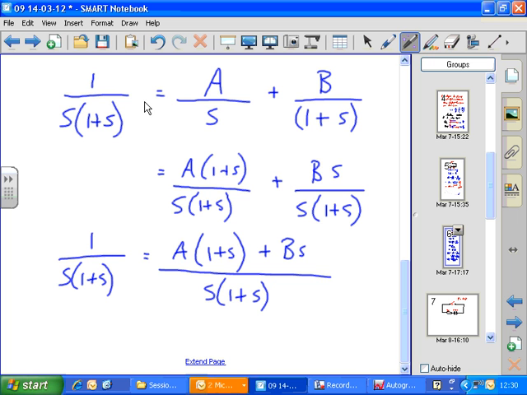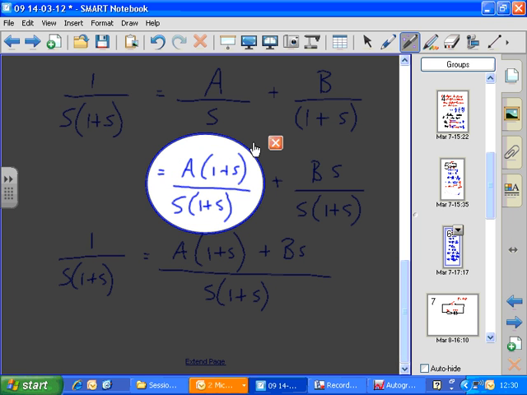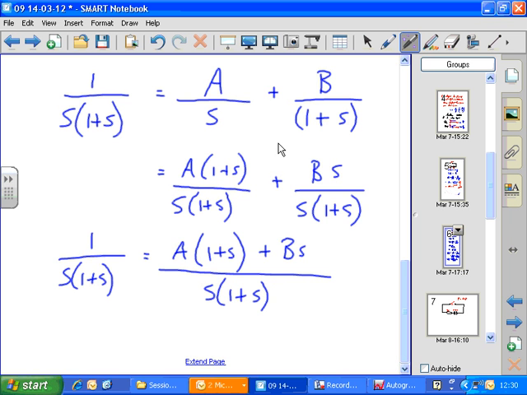If I multiply the bottom by 1 plus s, I've got to multiply the top by 1 plus s, and I get this. Similarly, to get the right-hand fraction the same, I've got to multiply top and bottom by s to get the term on the right here. So now both of these terms on the right have the same denominator, so I can combine them. And this is exactly the same method. This is the method of partial fractions that we always use.